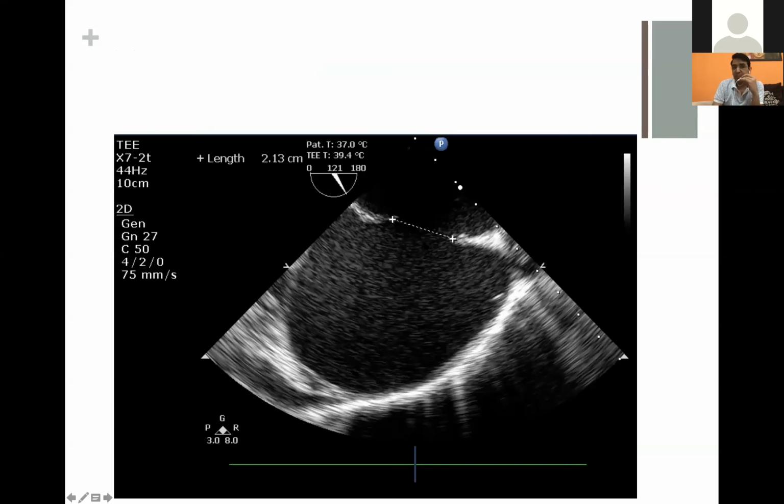Sometimes this may be the plane in which we have the largest dimension. Sometimes we may wonder why our device slipped despite proper sizing, and this view may hold the key to some of those embolizations. So at least in our practice, we routinely do these 4 views.